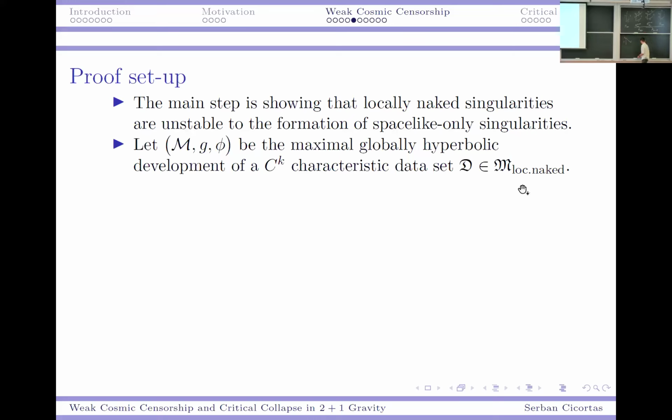Maybe I'll have that drawn here. This is the picture that I fixed, and I want to show that this can be perturbed to form trapped surfaces arbitrarily close to B gamma, and that will mean that this is unstable to forming the space-like only singularity.